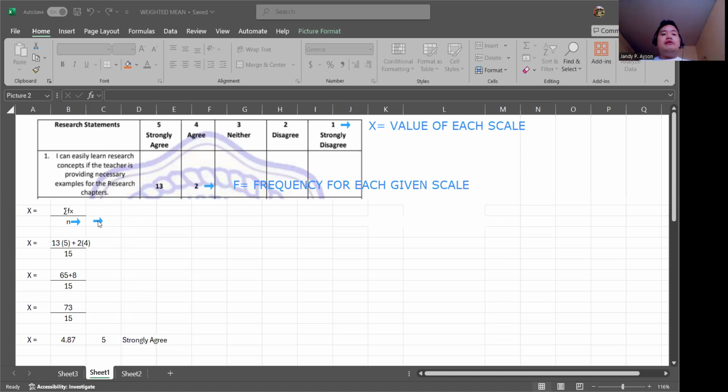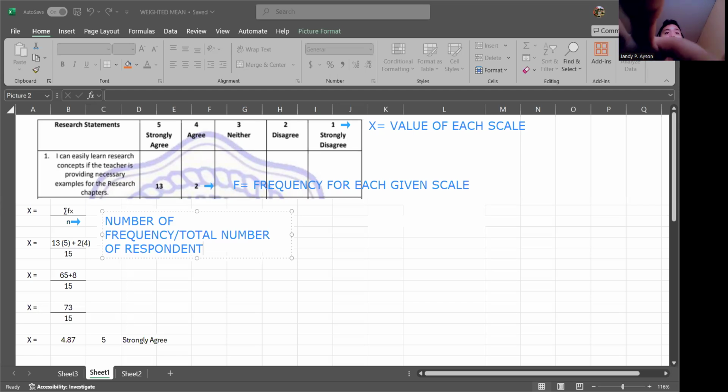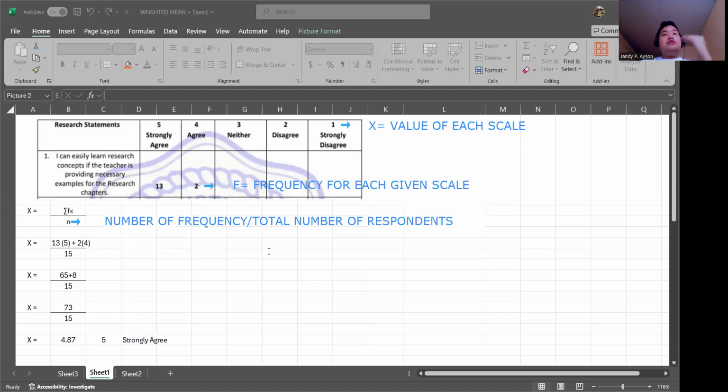Or again, pag pinaikli natin, though it is the number of frequency, it is the total number of respondents because the number of frequencies should be equivalent to the total number of respondents. Kasi alam nga namang 15 yung respondents mo tapos pag tinali mo yung frequency 14 lang yung naging result. So mali po yun. May mali dun sa pagkakabilang mo.